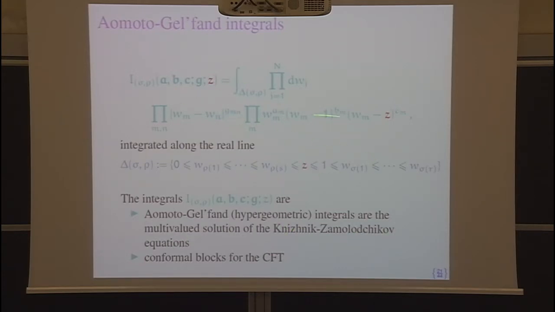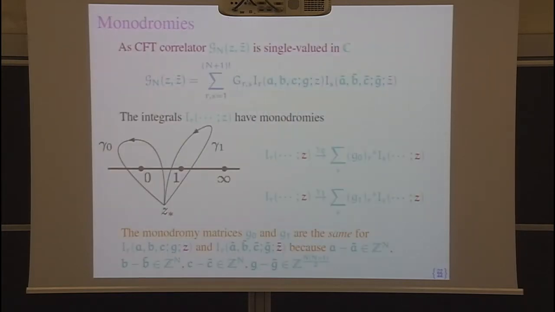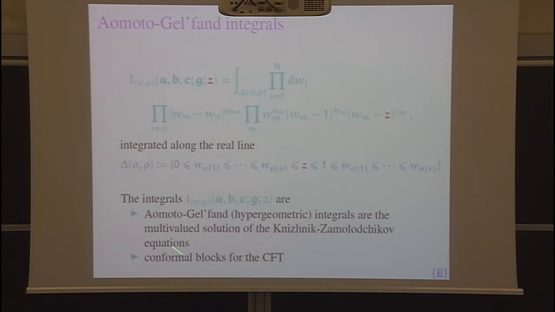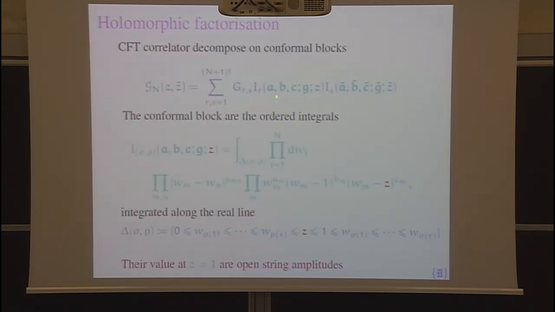By construction, it's easy to check that. And so they are multi-valued. These objects are multi-valued when z goes in the complex plane around 0 and 1.